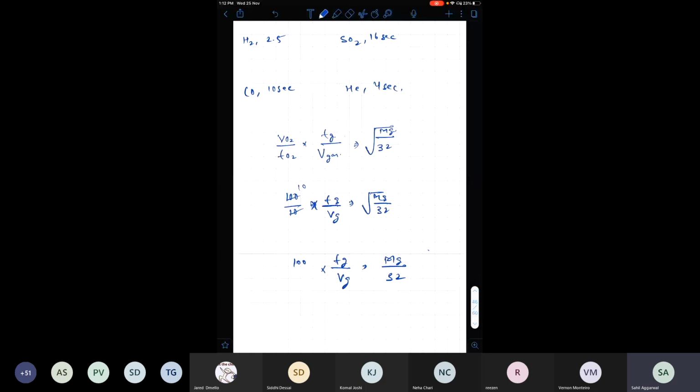V of gas is also given, that is 10 only. So T of gas by M of gas will be equal to 100 ml, 10 ml, 10 seconds.